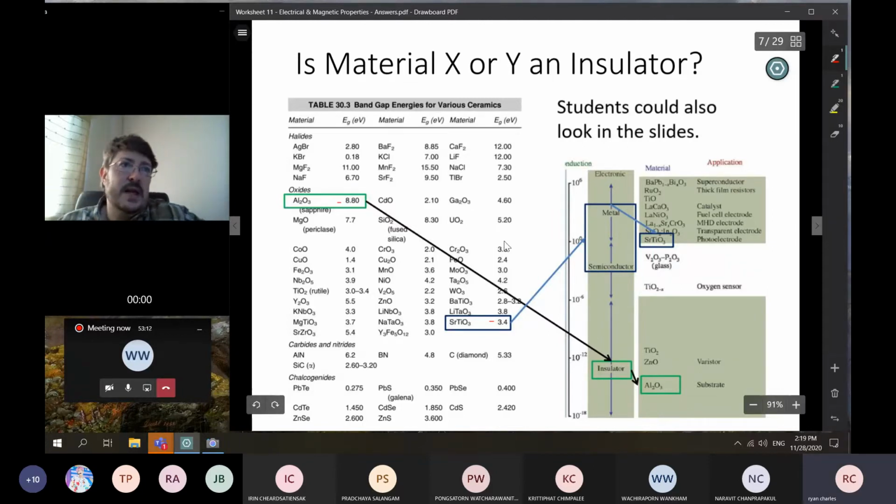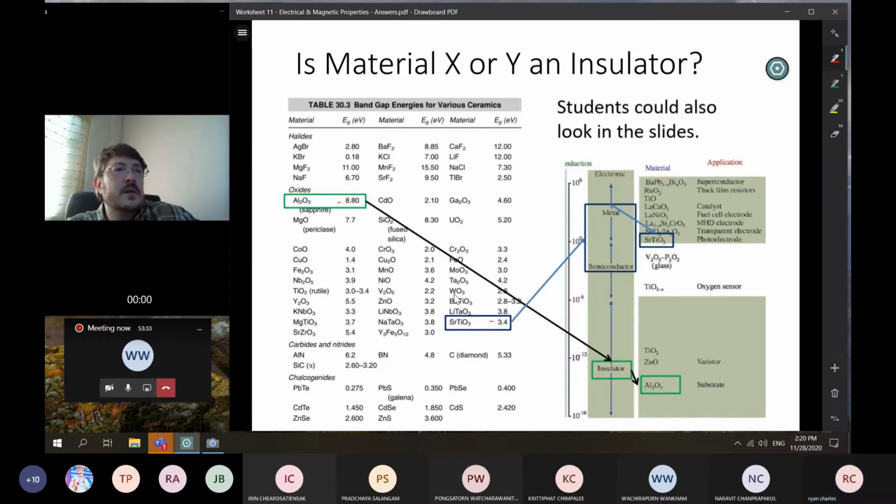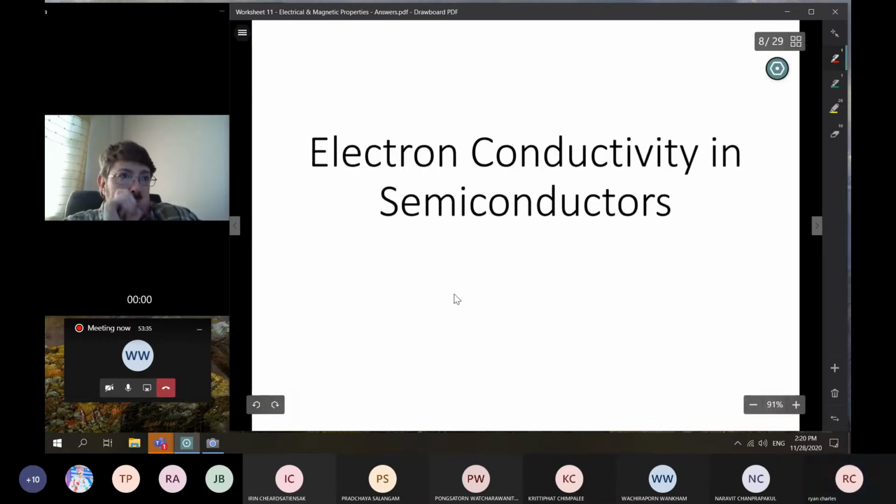There are a lot of ceramics with very, very high band gaps. They are electrical insulators. They don't conduct with electrons. And those with 1 or 2 or 3 electron volt band gaps can be considered semiconductors, right? And given the right conditions, they will conduct, right?